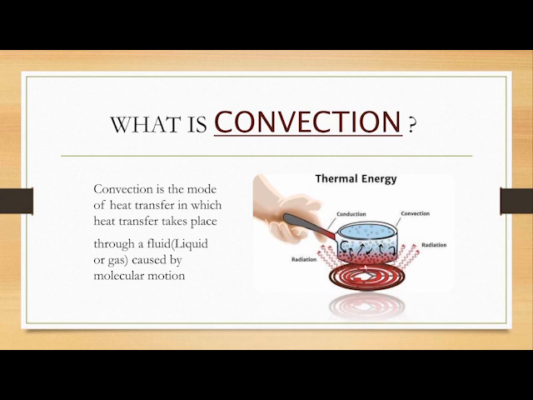Here they get heated up at the boundary, their density decreases, and they rise above the container. The particles present on the surface then come to the bottom, they get heated up, their density decreases, and they rise above the surface. So this is how the process takes place.